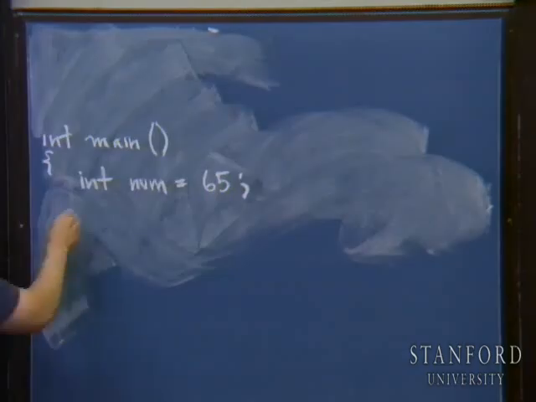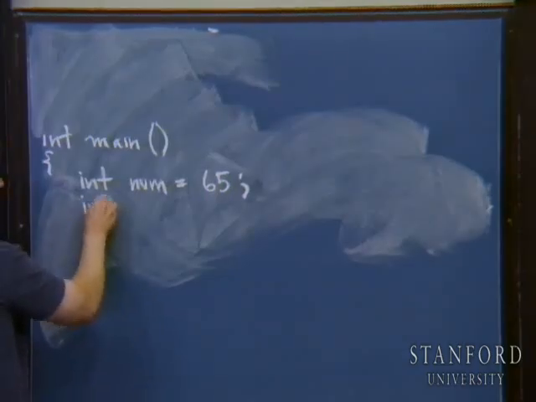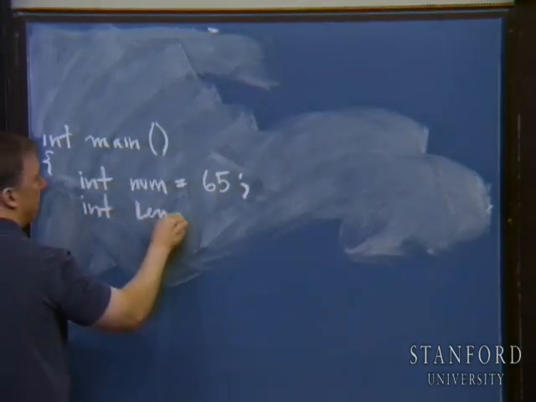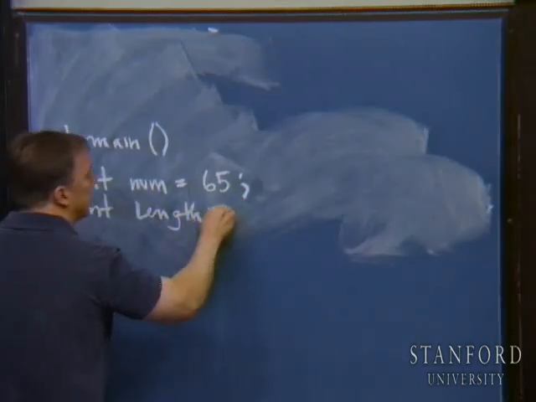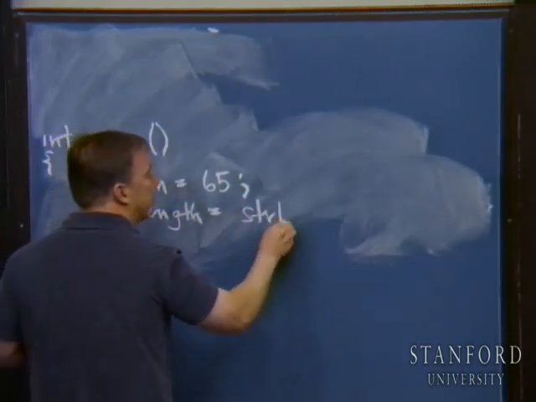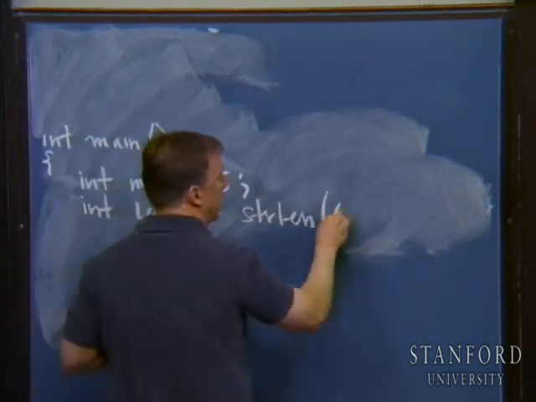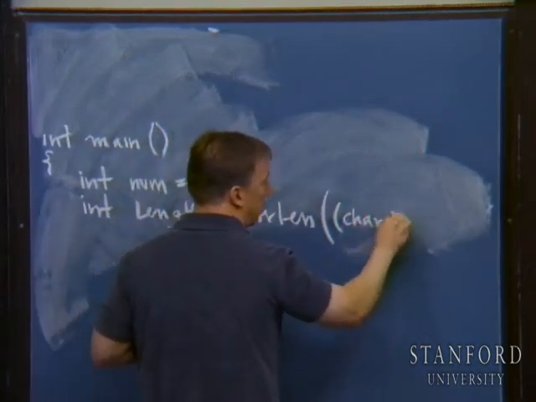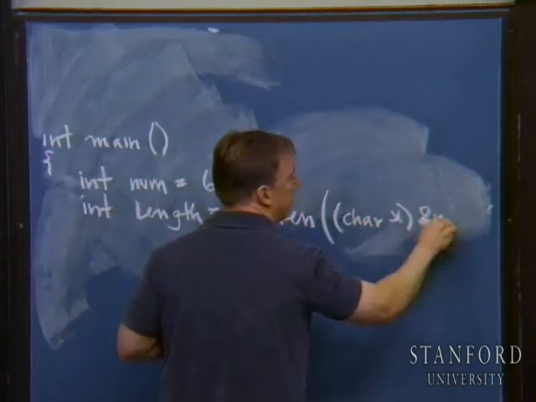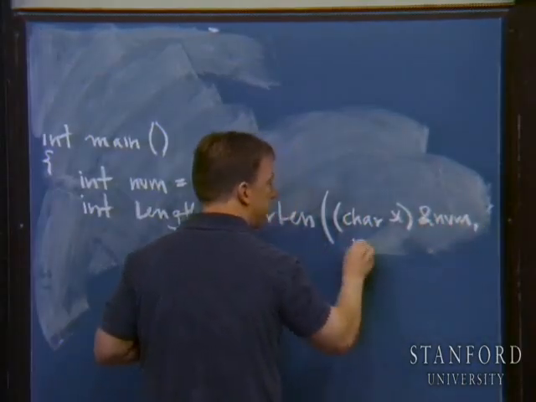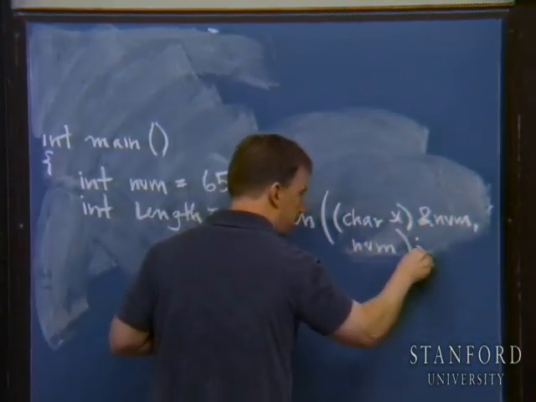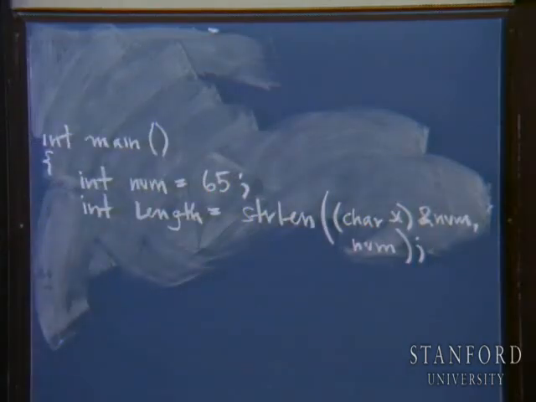And I'm going to do this. Int length is equal to, no laughing, strlen of (char *) ampersand of num. Okay.